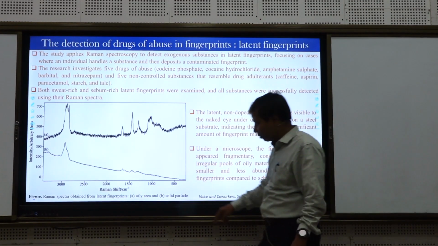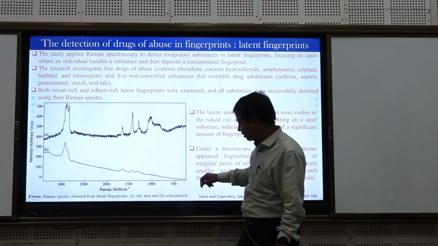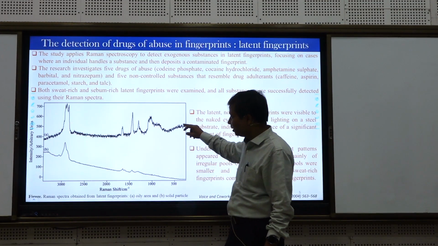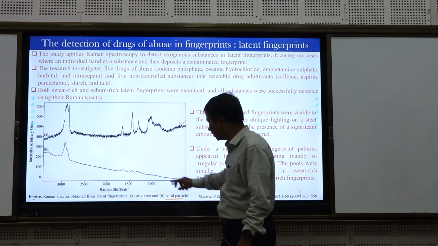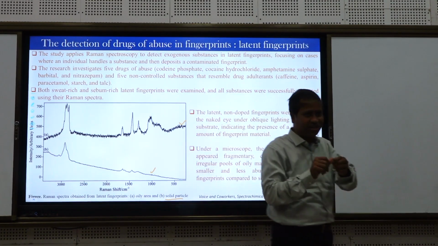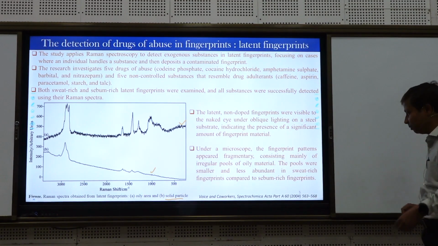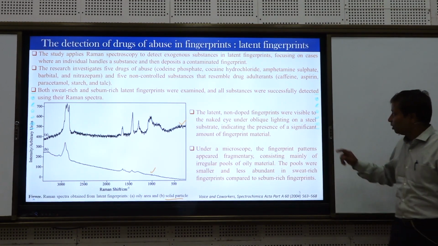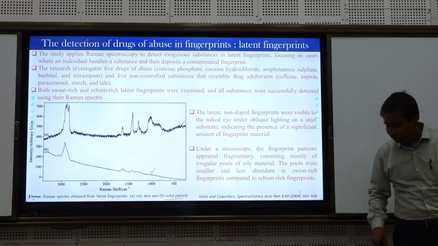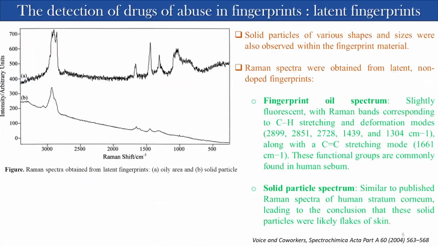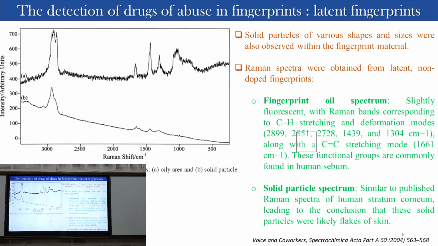So these are the Raman spectra obtained from latent fingerprints. A is the oily area, and this is the solid particle. Solid particle is mainly the dry cell, the dry skin. There are some points which say that it is better. In this, they want to highlight some peaks like CH stretching and deformation mode, which appear at 2899, 2800.